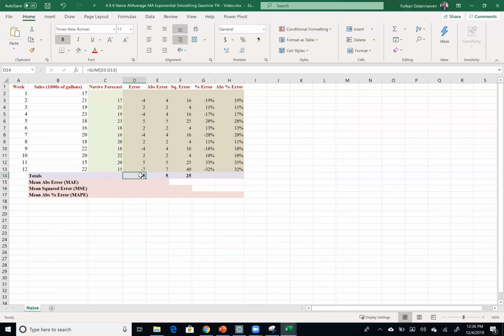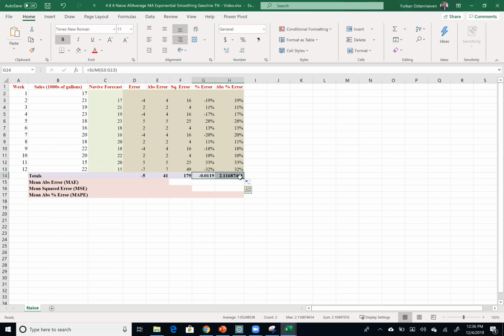That means that my model has a bias problem of 5,000 units total. And if I divide this by 12, I can calculate the average bias, which is 400 gallons something, 400 plus. All right, so this is good. So I can take the sum again, I can drag it right to calculate all the sums here.